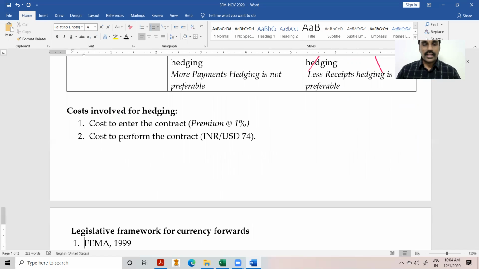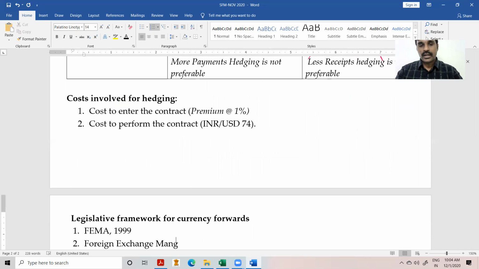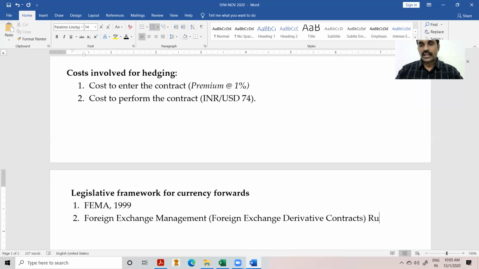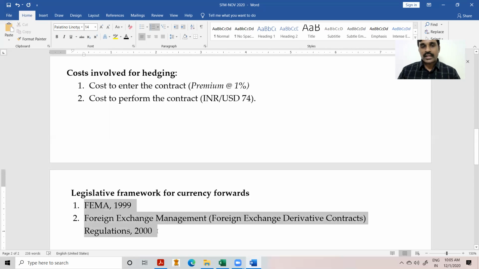Within that there are rules: the Foreign Exchange Derivative Contracts Regulations 2000. If I'm not wrong, regulations.